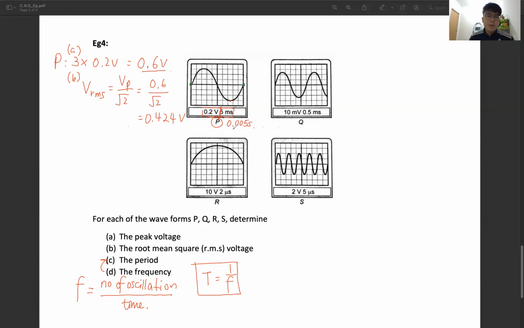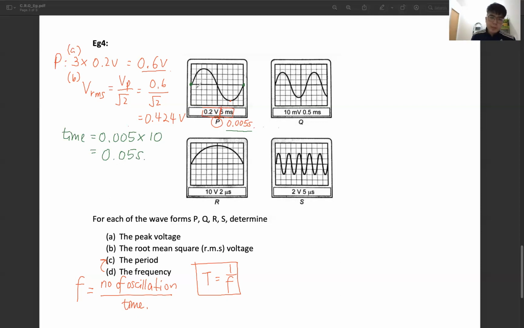So 1 square is 0.005 second. So 10 squares, find the time first: 0.005 times 10 is 0.05 second.